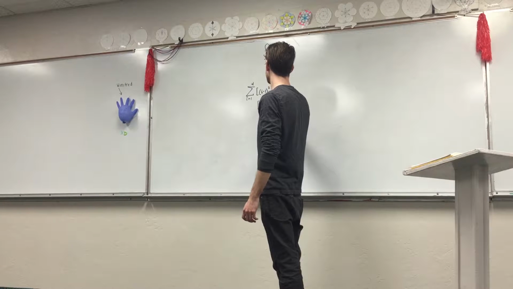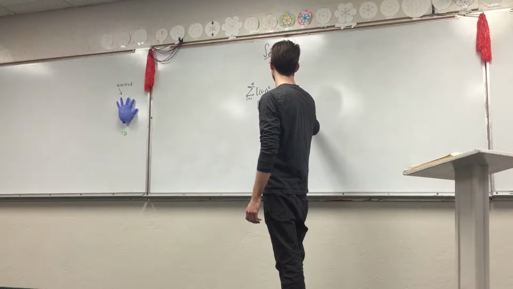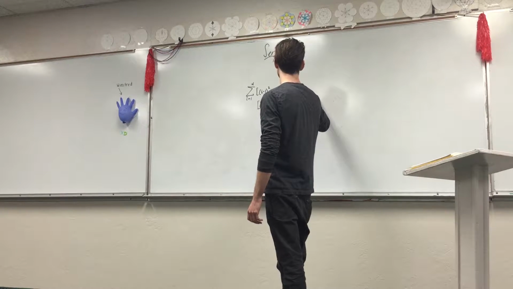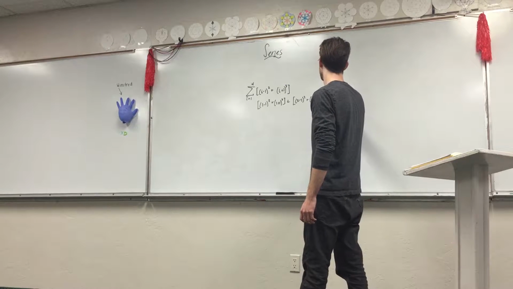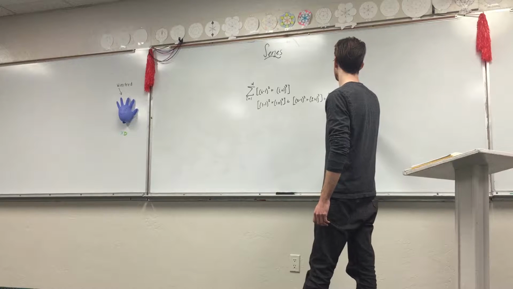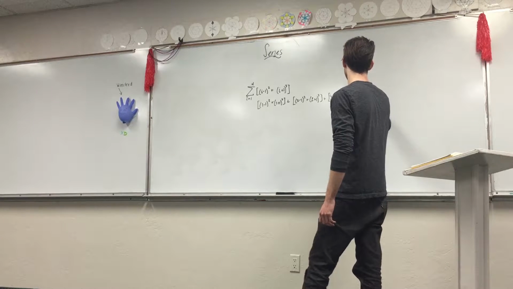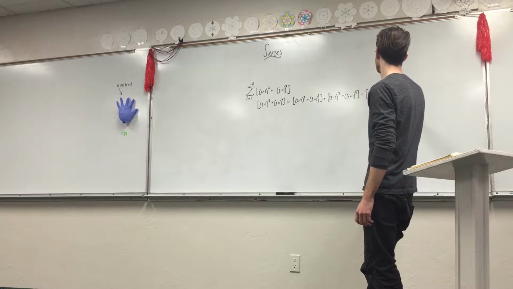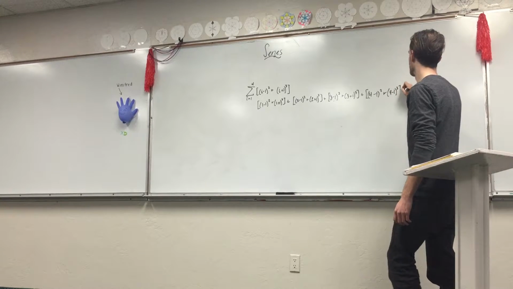So this would be (1 minus 1) squared plus (1 plus 1) to the third, plus (2 minus 1) squared plus (2 plus 1) to the third, plus (3 minus 1) squared plus (3 plus 1) to the third, and then the last is (4 minus 1) squared plus (4 plus 1) to the third.